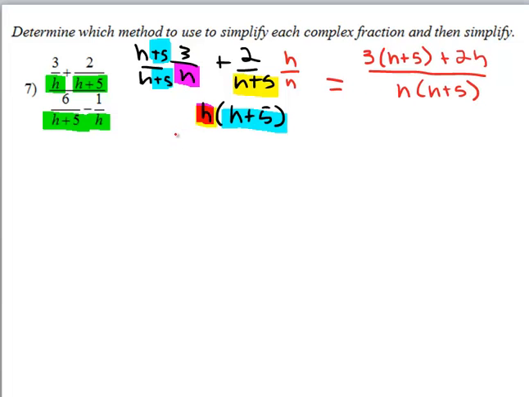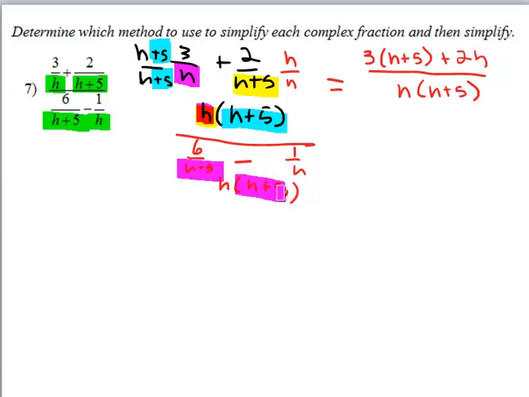Let's look at the denominator. I've got the same thing going on. The denominator is still h times h plus 5. And I have 6 over h plus 5 minus 1 over h. And in this case, here's h plus 5, h plus 5. So I'm going to multiply this side by h over h.